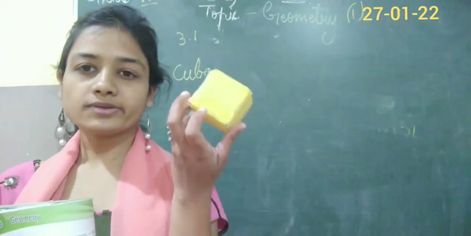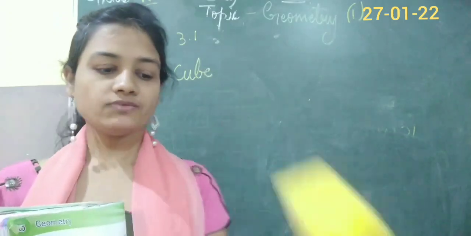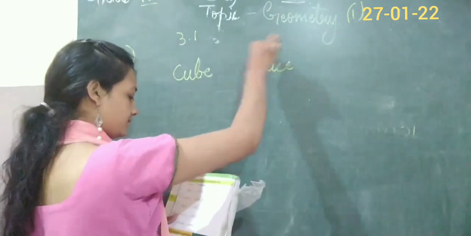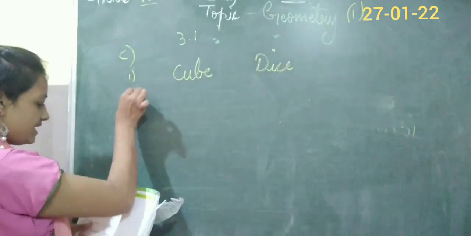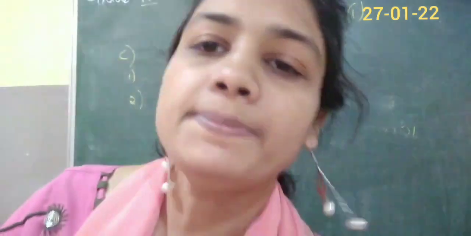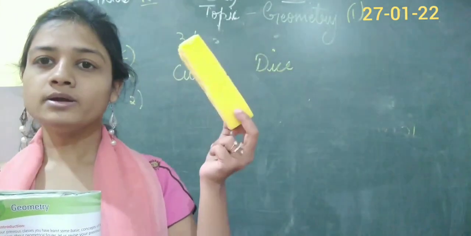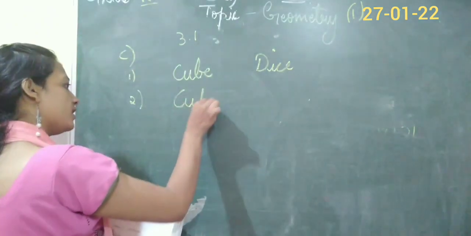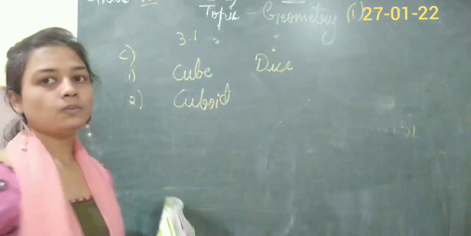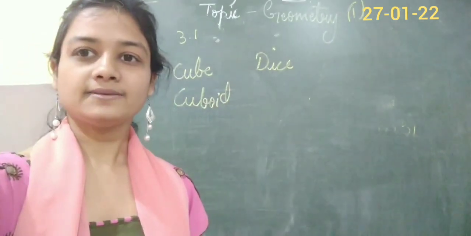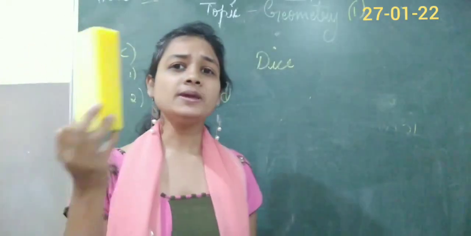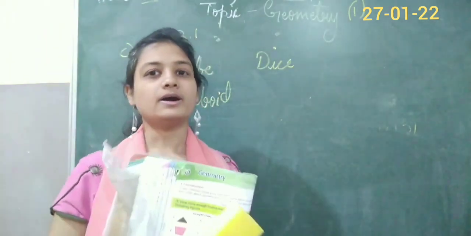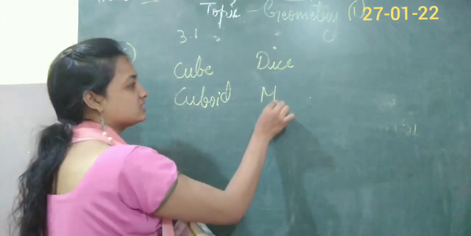Which object looks like this? I will give you one example, that is dice. Second one, the shape which looks like this is called a cuboid. One example is any object which looks like this shape. I'll give an example of a matchbox.